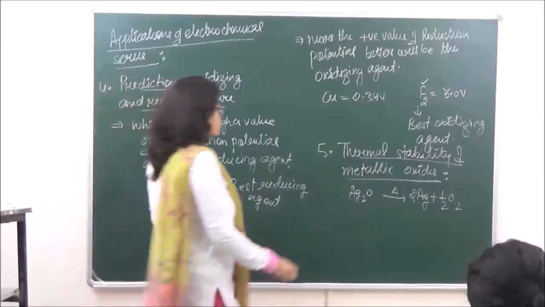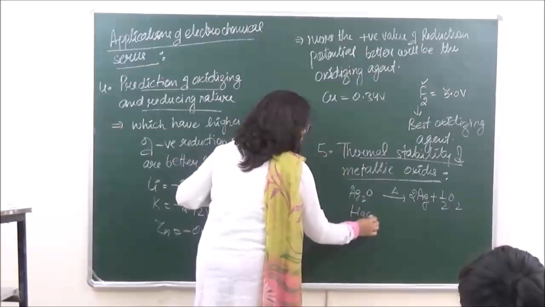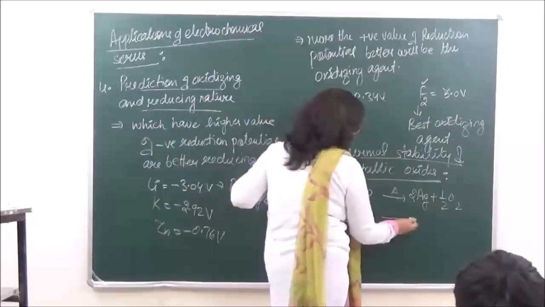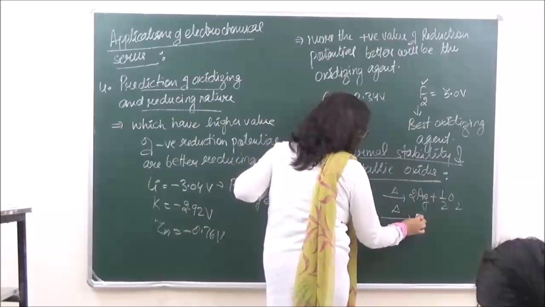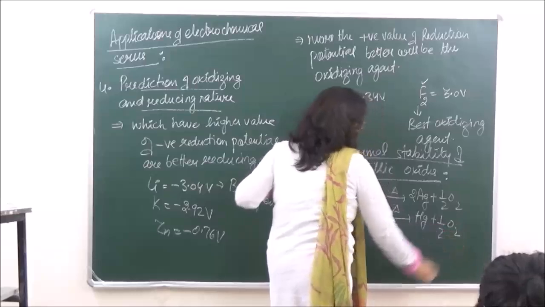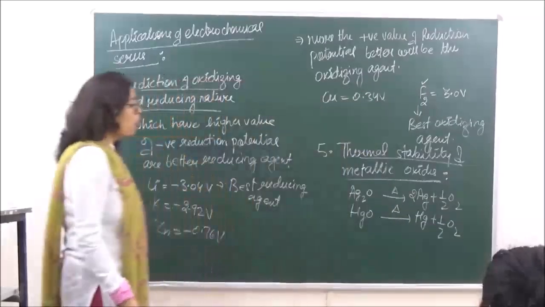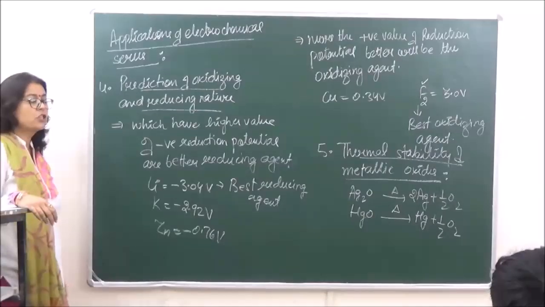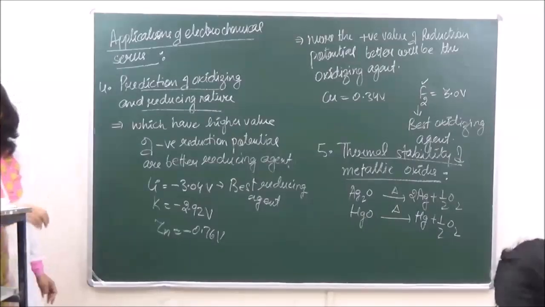Similar is the case with mercury. Mercury also has a positive value of reduction potential. So mercury oxide decomposes as well. But all those metals which have a negative value of reduction potential, their oxides are quite stable.